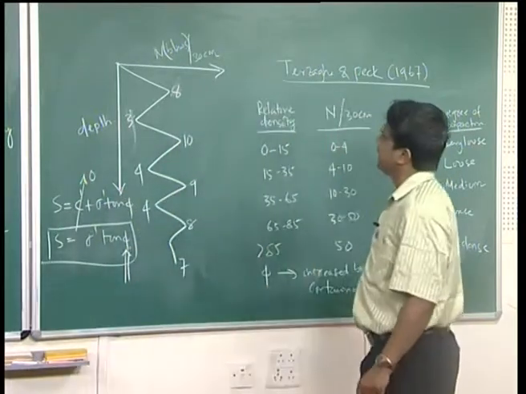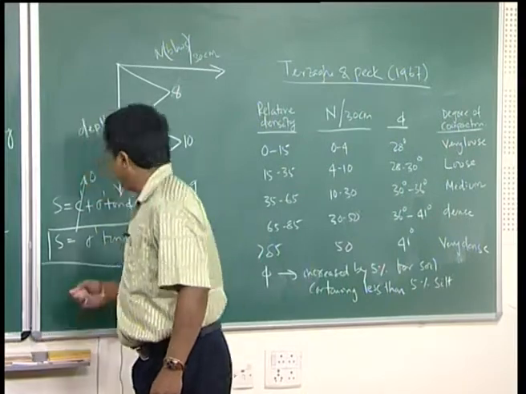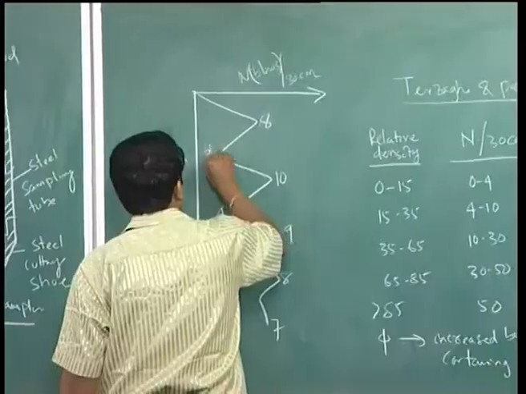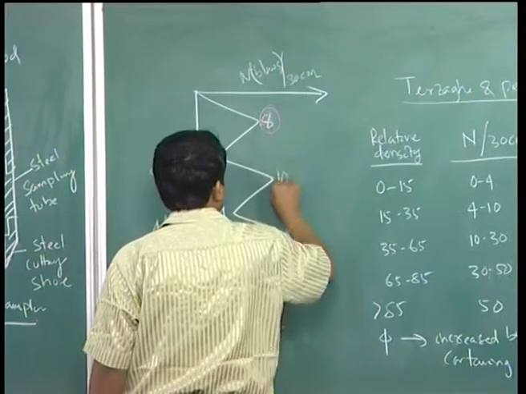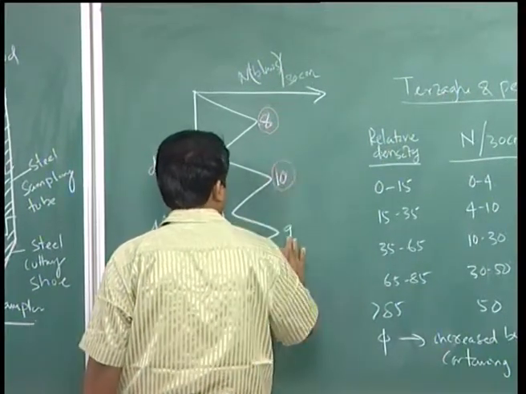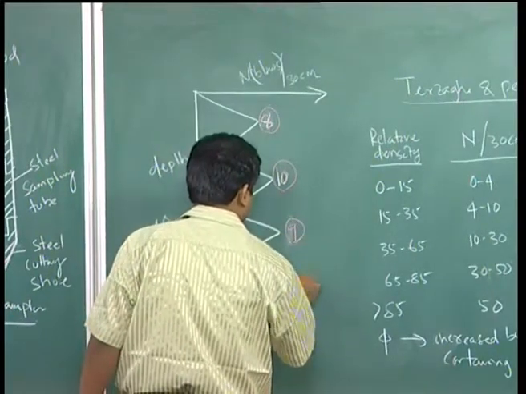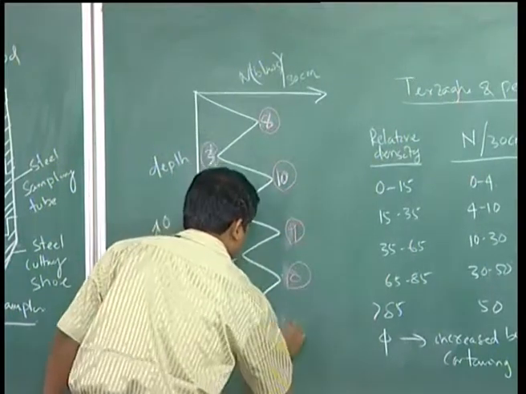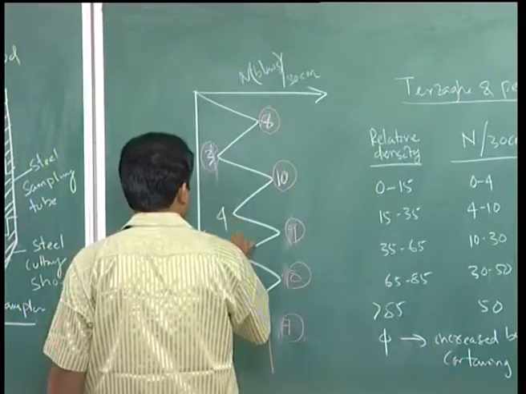I have given typical values of N: 3, 8, 10, 9, 8, 7, 4, 4.